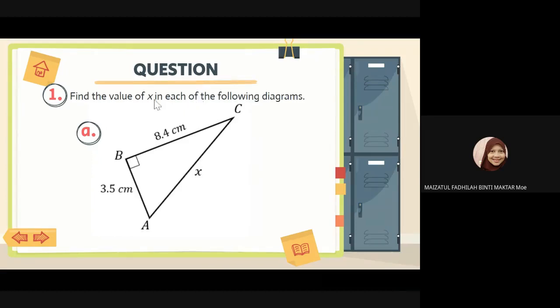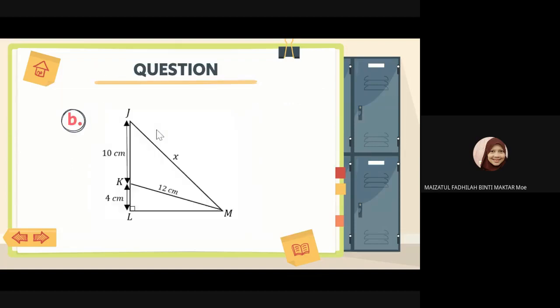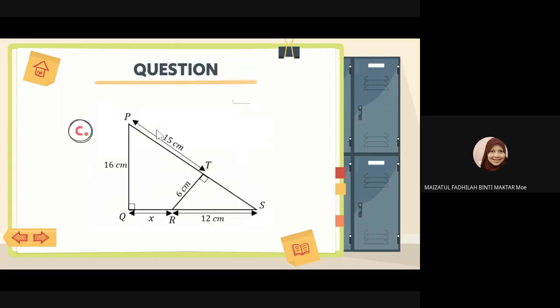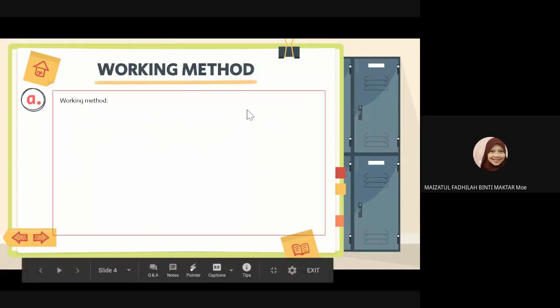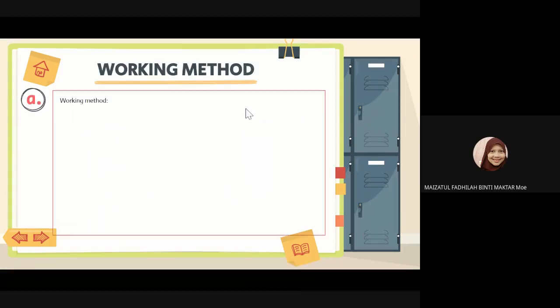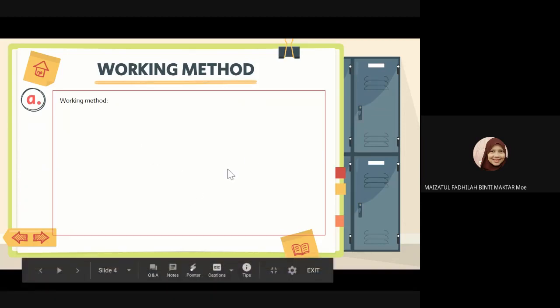Alright, question number 1, there are 1A, 1B, 1C, so there are 3 questions for question number 1. What you need to do is find the value of x in each of the following diagrams. Draw the diagrams A, B, C. Do the working in your exercise book, the book you use to write down the notes, then snap the picture and attach it here.